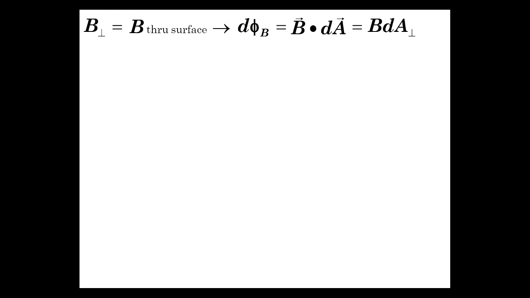Now, since B perpendicular is the B field through a surface, it follows that the differential magnetic flux is B dot dA, which is B dA perpendicular. So we can now define B as d phi sub B over dA perpendicular. And that is flux per area. So flux, total quantity of magnetism in an area, divided by the area, is a definition of magnetic field intensity.